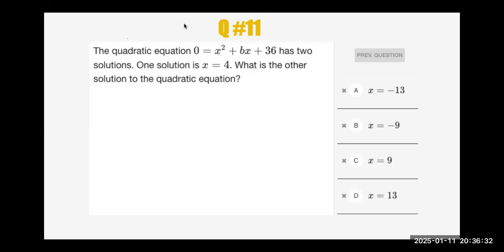I can write the formula on the corner for everybody. Okay, 49, excellent, nicely done. Jasmine, good. The formula is x1 plus x2 is negative b over a, and the multiplication is c over a.